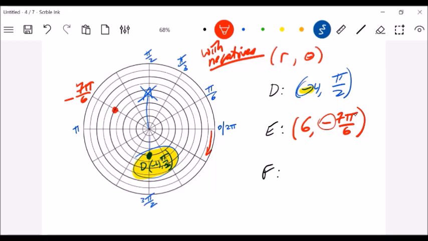So this one here is letter E, and actually I want to write it. This is letter E, and it's negative 7. Oh, need to put the 6 first. 6 and negative 7 pi over 6.